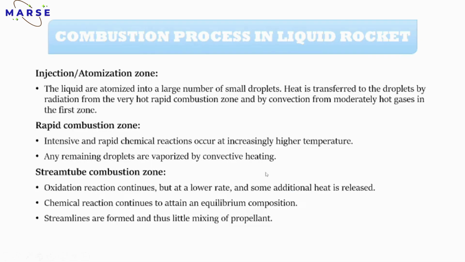Understood? Okay. First one is injection, which we have already discussed with the help of the diagram. Injection and atomization: the liquid is atomized into a large number of small droplets. The heat is transferred to the droplets by radiation from the very hot rapid combustion zone, and by convection from the moderately hot gases in the first zone.